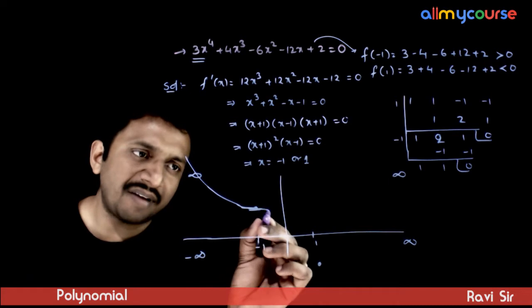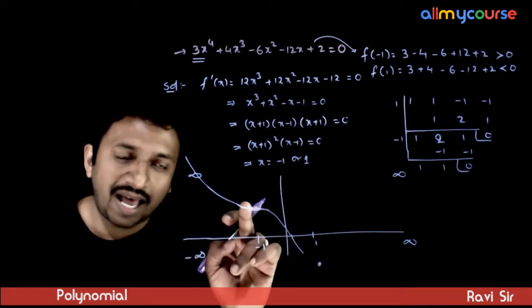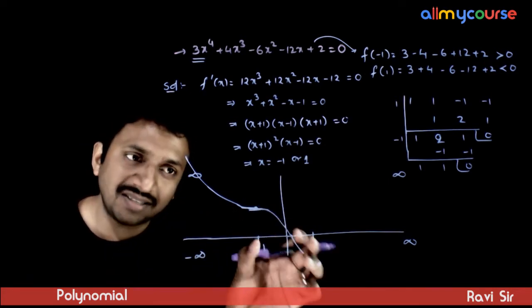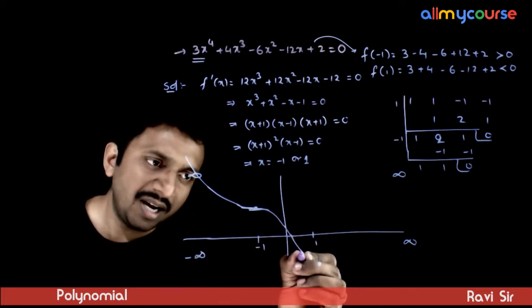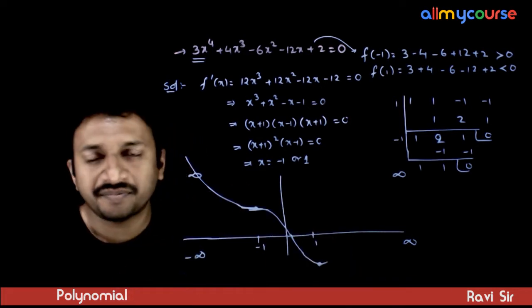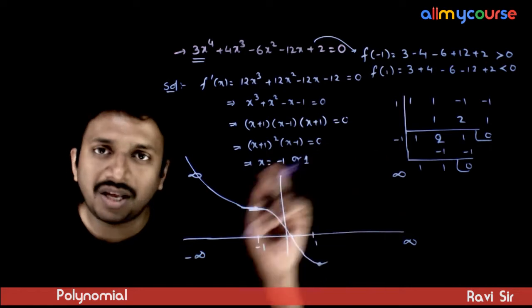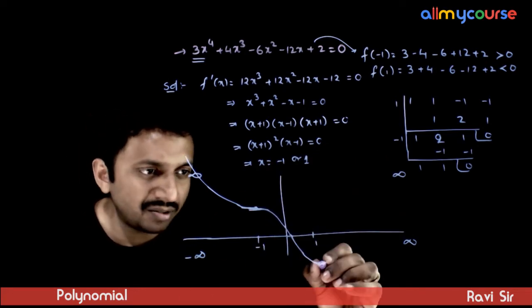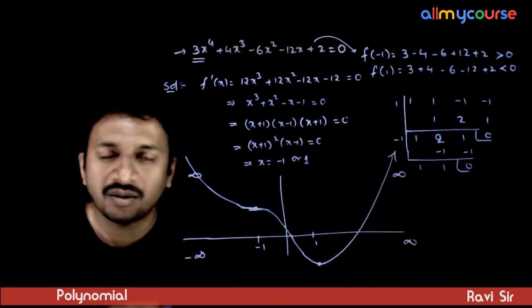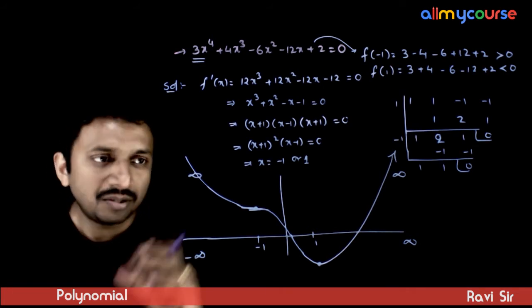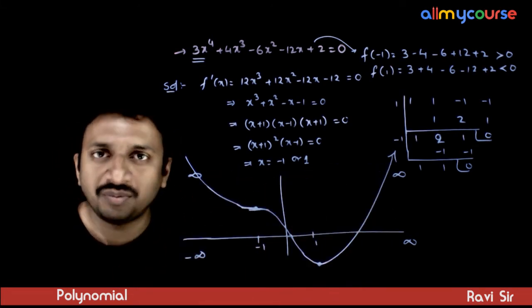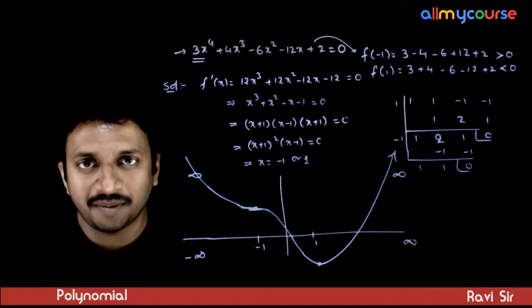That means the graph has to cross the x-axis from this point to this point. It becomes stationary here. And then it has to reach plus infinity. So it has to move up and go up. This is how the graph has to be shaped.